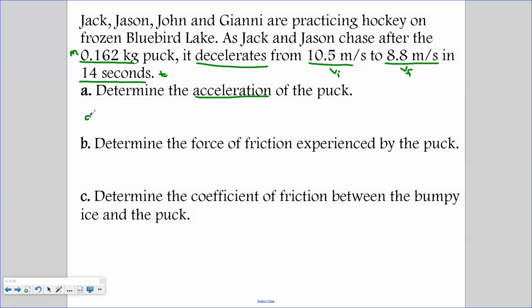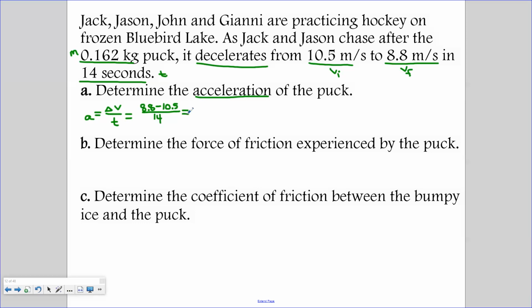So if you know, acceleration is defined as your change in velocity over time. And keep in mind, that's always final minus initial, right? So your final velocity is 8.8. Your initial velocity is 10.5. And that takes a time of 14 seconds. It's a long time for this puck to go.